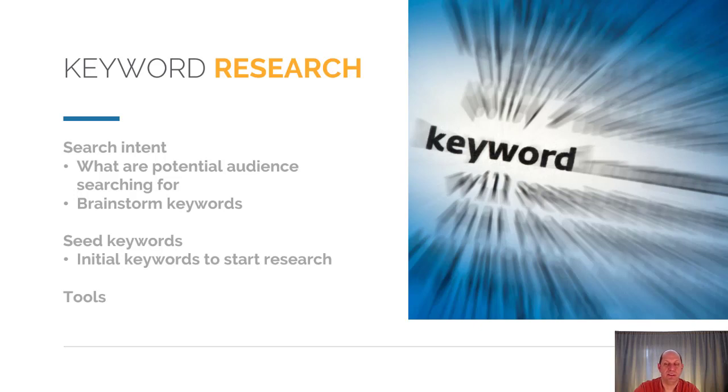And again, this is just a brainstorming effort. Once you've done that, what comes out of it are what are called seed keywords. These are the initial keywords where you can then start your in-depth keyword research to determine many different keywords that you may want to optimize for. There are many tools to help with this process. It's not all manual.